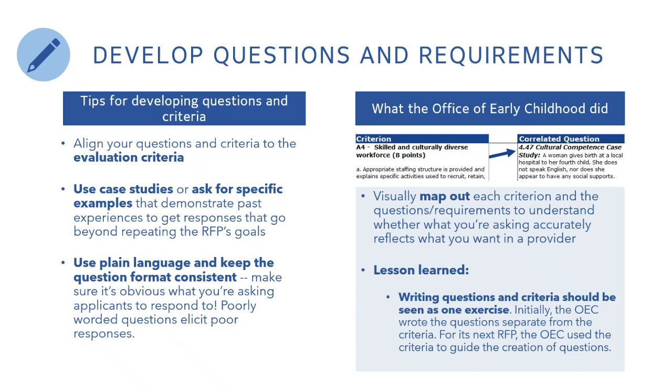And initially with this RFP, the questions were written separate from the criteria, and then as we were trying to map out, as Lars was saying, make sure that our questions are getting to what we're looking for, we realized that it really is a joint exercise to be making sure that you've got your criteria identified and then your questions are reflective of that, and so that your answers can be matched and will be getting you to a really strong application.